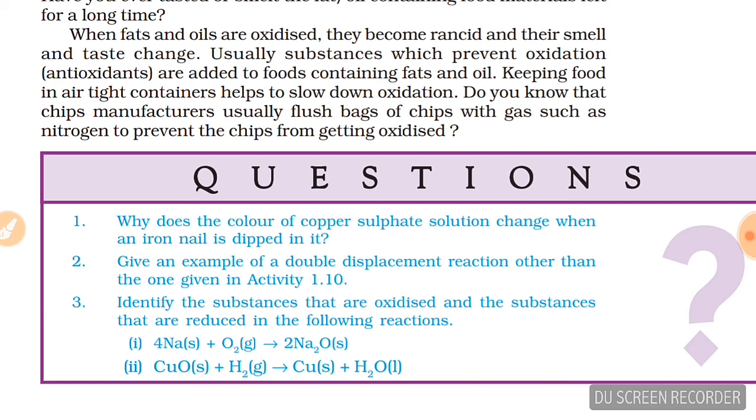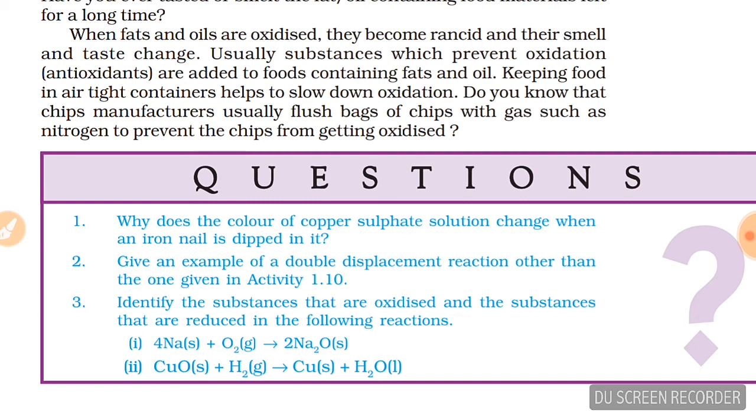Usually a substance which prevents oxidation, such as antioxidants, is added in the chips packet and all. You have seen nitrogen gas is filled. The gas is more than the chips.